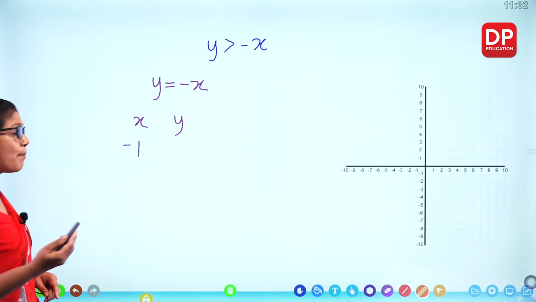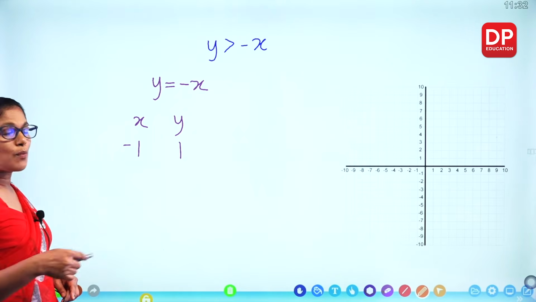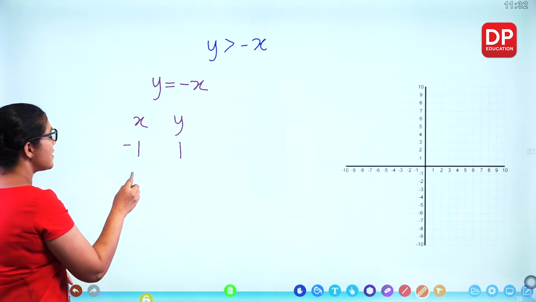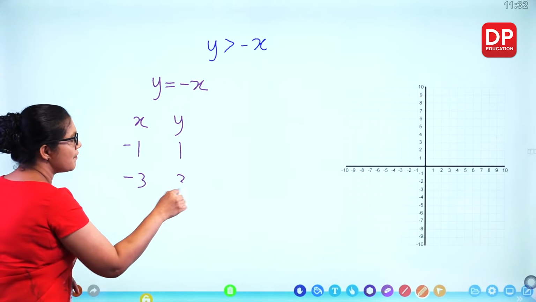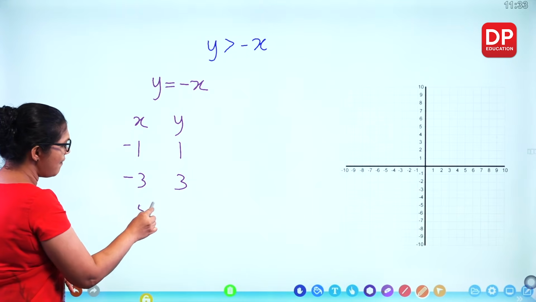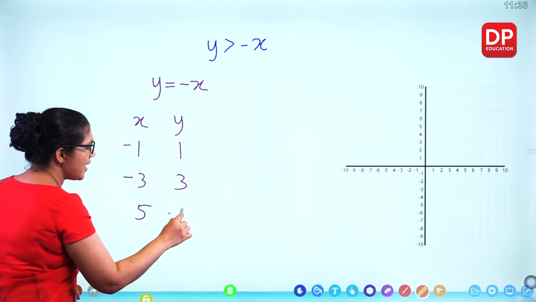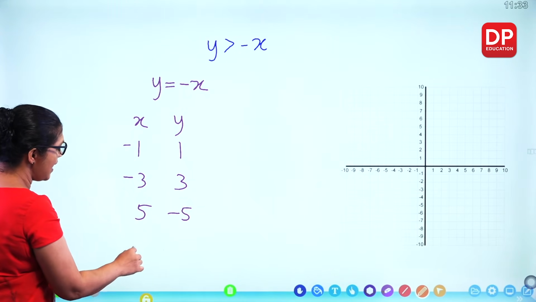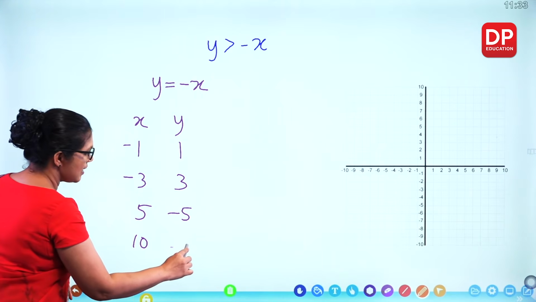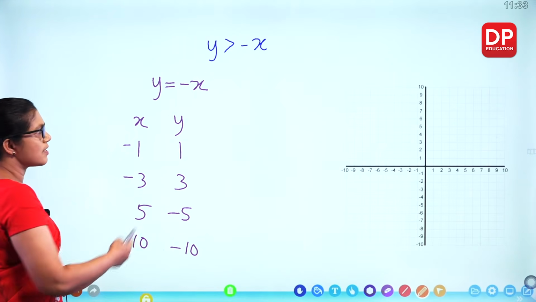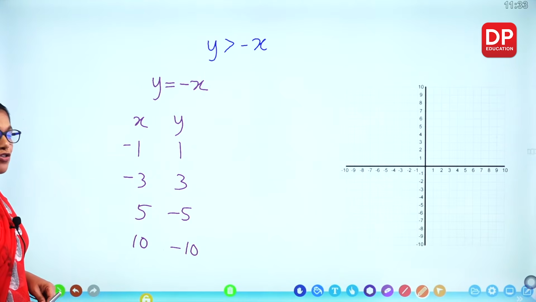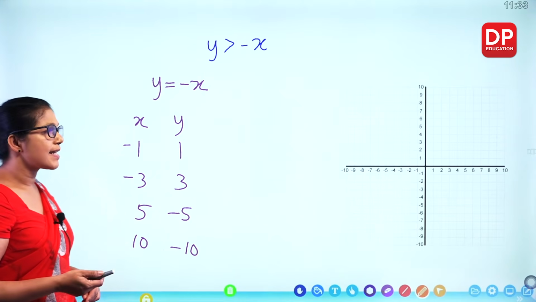It becomes +1. -1 into minus. If it's -3, you get positive 3. If this is 5, you get minus 5. If this is 10, you get minus 10. So the sign changes because the line you need to draw is y equals minus x.